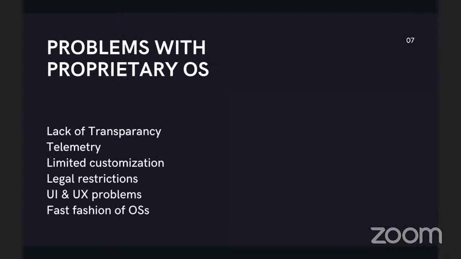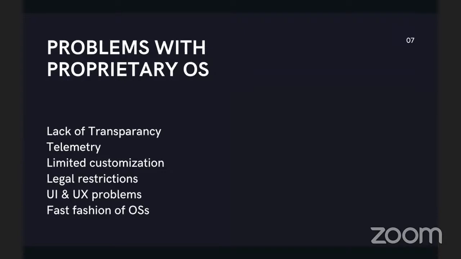So why are we discussing Linux on the desktop too? Because we have many other widely used operating systems like Windows and Mac OS. Everyone uses them on their laptops, and most laptops and computers ship with these proprietary operating systems, but they do have very uncheckable problems.